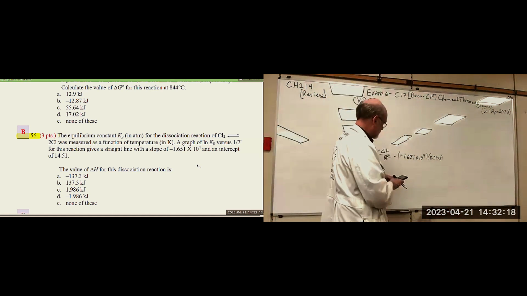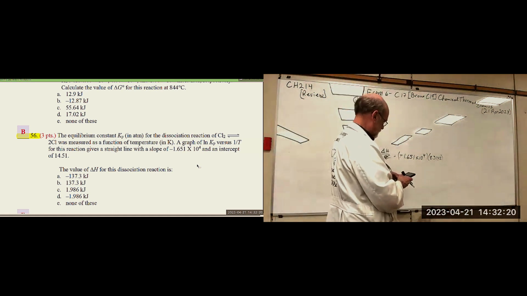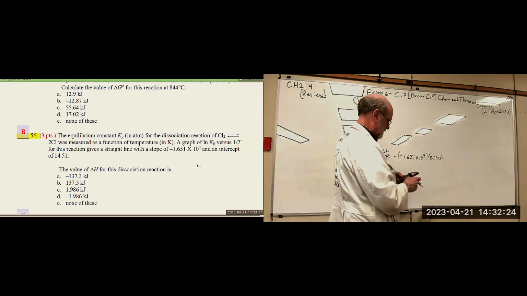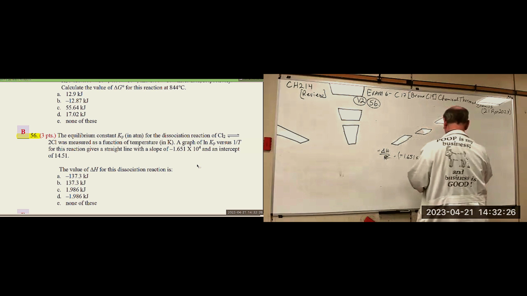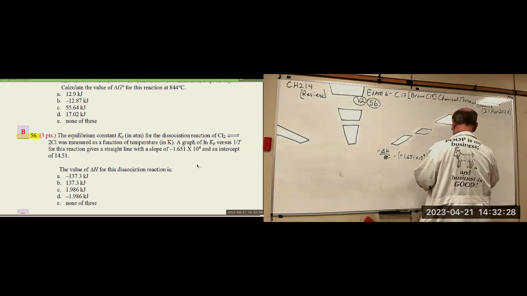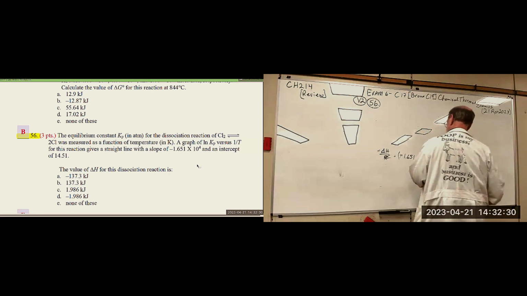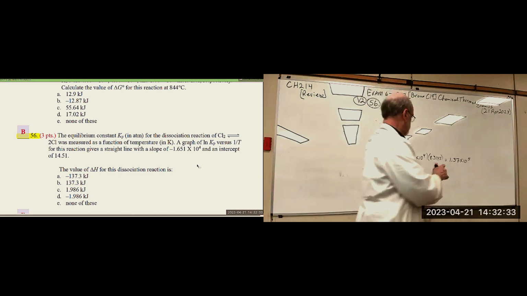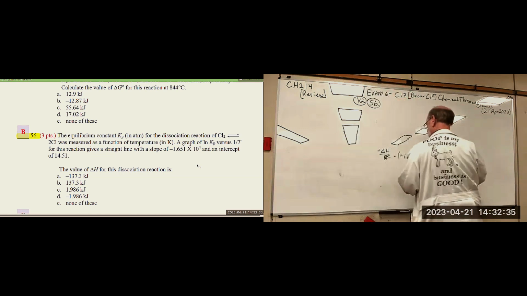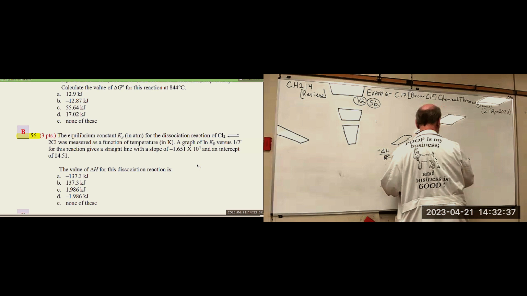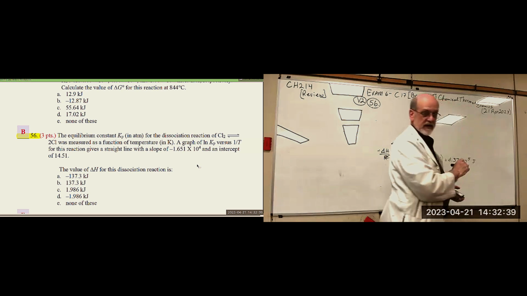So 1.651 times 10 to the fourth, times 8.3145, I get 1.37 times 10 to the fifth. That should be the delta H, and this is positive. This is joules, right? Is the answer in kilojoules?